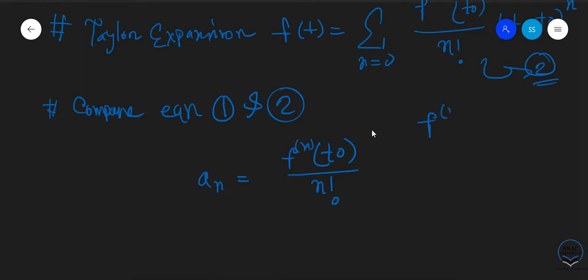Again, I'm just reminding you, f^(n) means the n-th derivative of function f, and then you are evaluating at the point t equals t0.